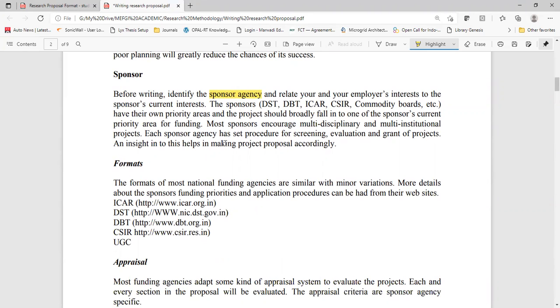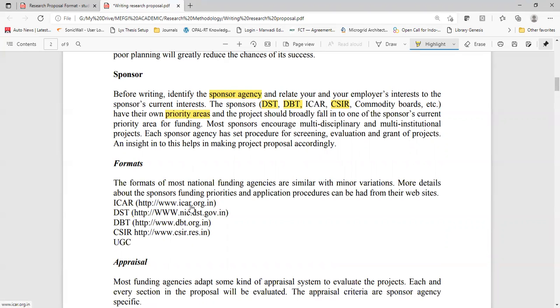For example, for us, as I say, DST, Department of Science and Technology, is a good one. DBT, that is Department of Biotechnology, is also a good one. CSIR, that is Council of Scientific and Industrial Research, is also okay. They do provide funding from time to time, right? So you need to identify the sponsoring agency and their priority areas.